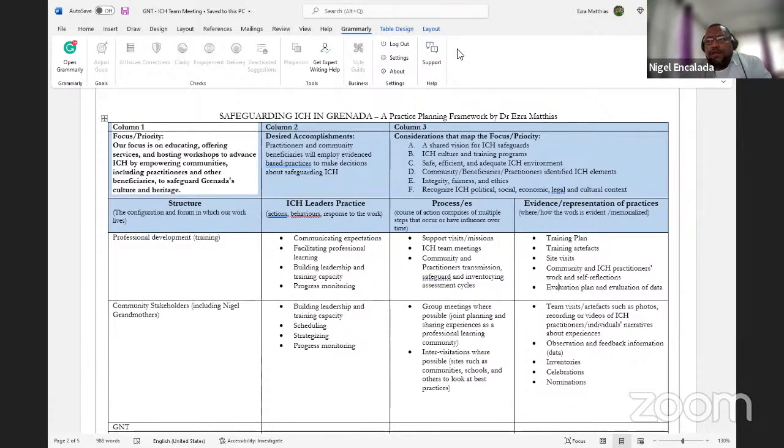And what you have done, Ezra, you've identified the actors and you've given a specific task, to say, okay, what is the practice, what is the process, and what is the evidence that we need.